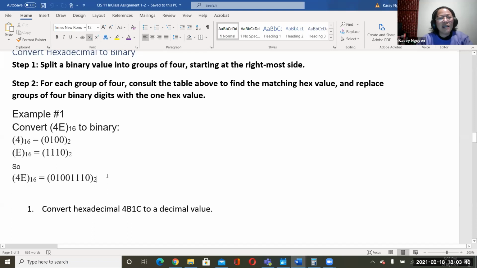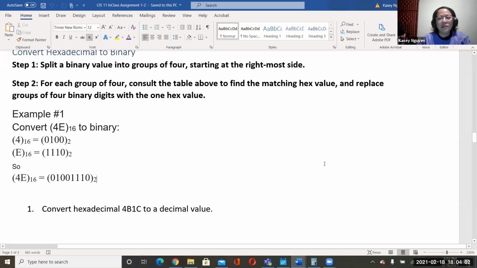And then they would take the binary and convert it back to decimal. That would be easy for most people because it doesn't require a calculator or additional multiplication. So it's up to you. You can do it that way. What I'm going to do is the number 1, showing you this technique.